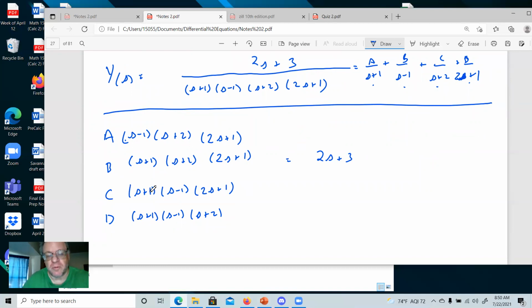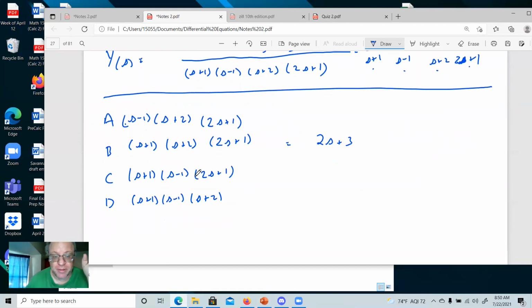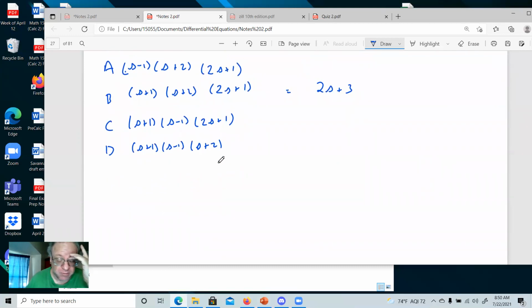Okay, so what we're going to do is use the shortcut method, and it's going to cut down a lot of what we have to do. All right, so what we're going to do first is, why don't we just set s to be -1. Why -1? Notice I put -1 in here. All of these terms go away, right?